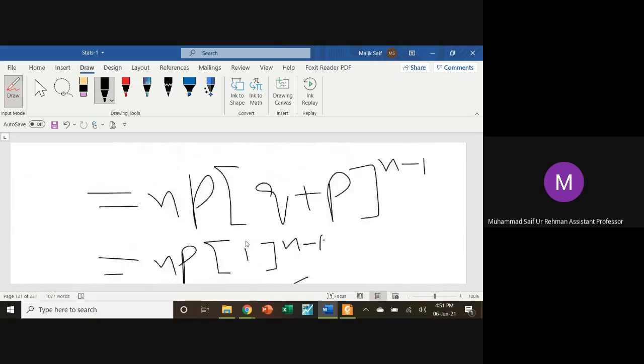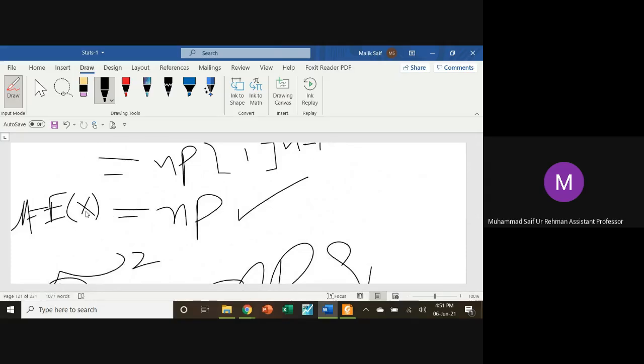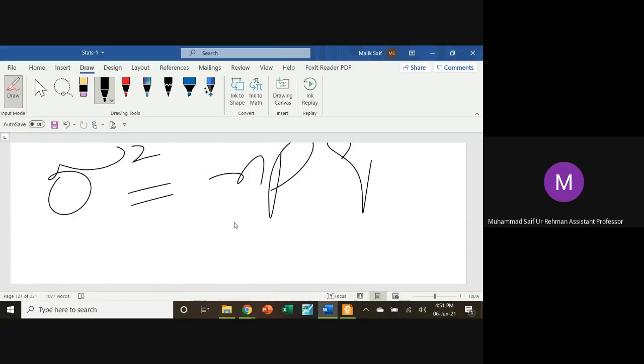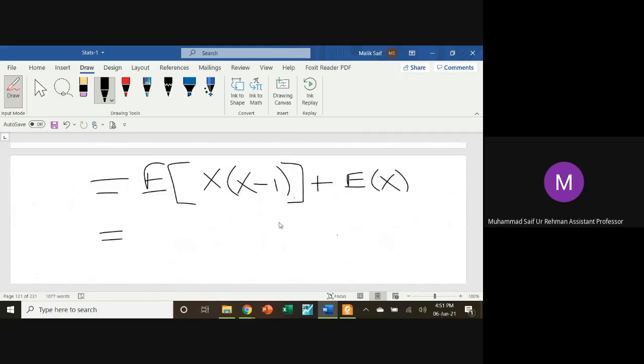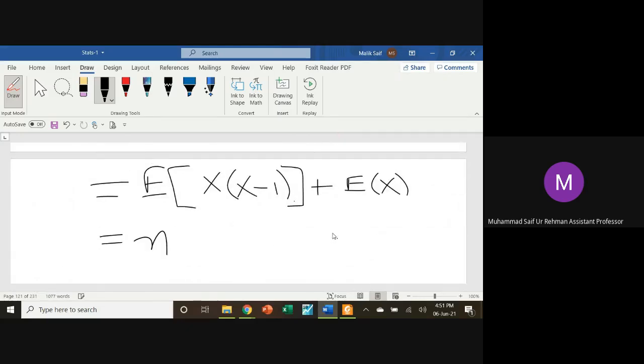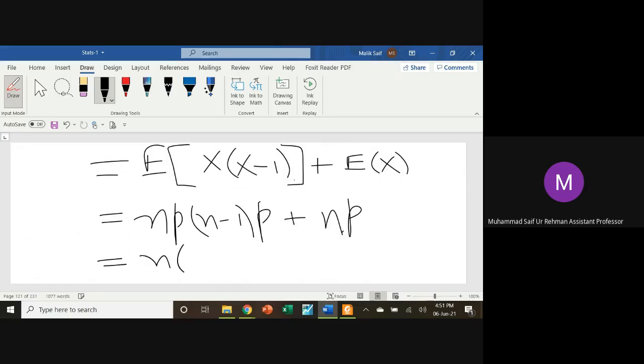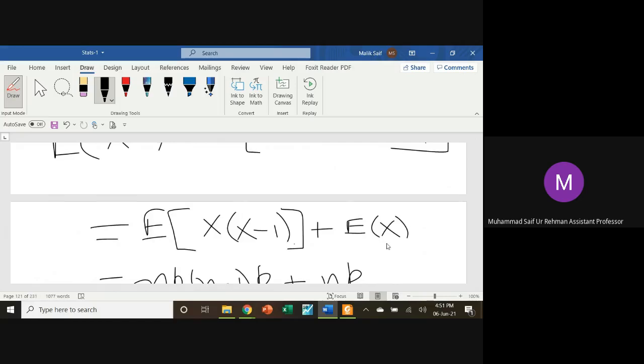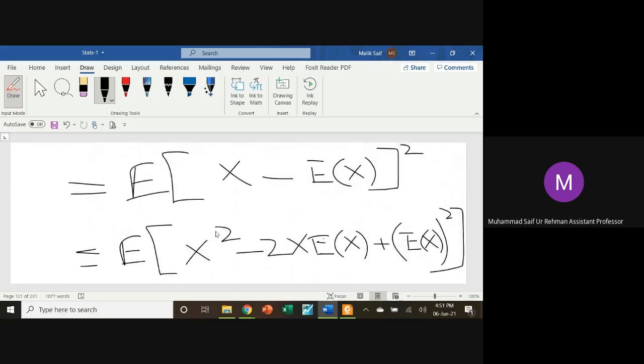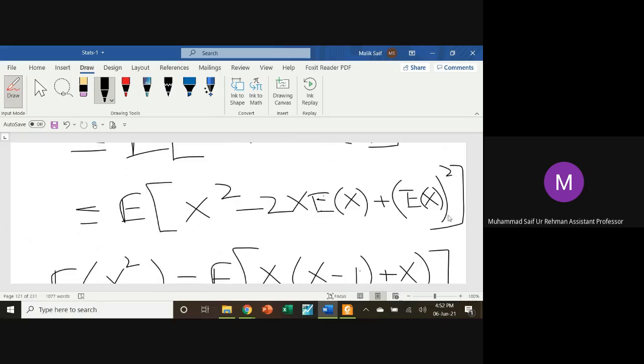For E(x) it was np, and for E(x minus 1) it will be (n minus 1)p. So we can write it as n into (n minus 1) p square plus np. So this is the result for this term.